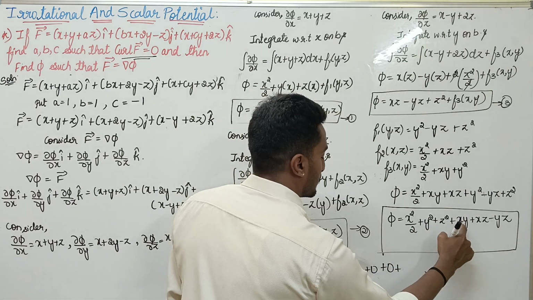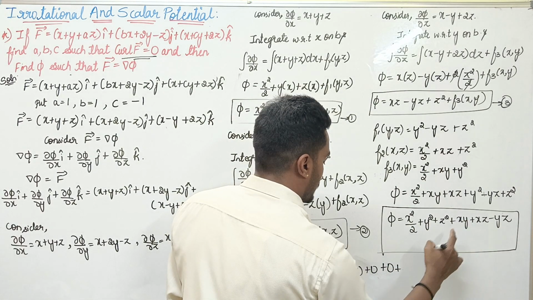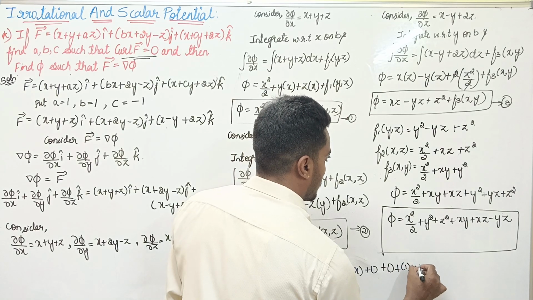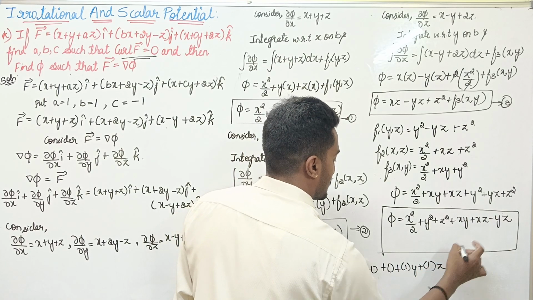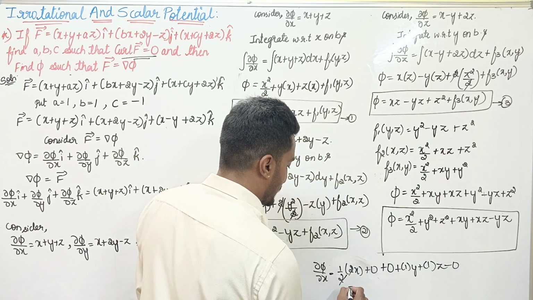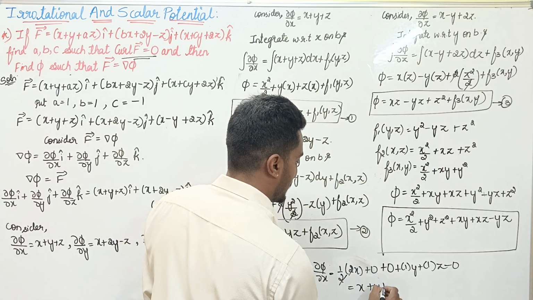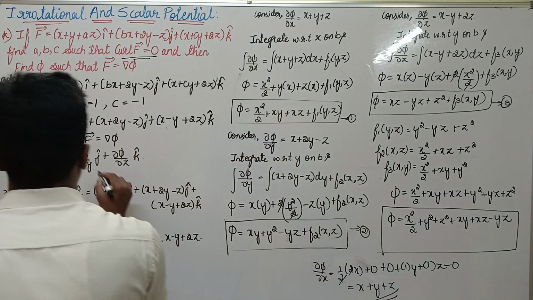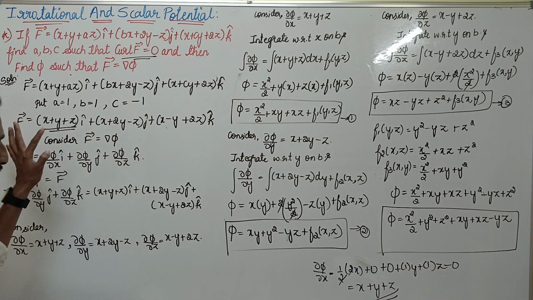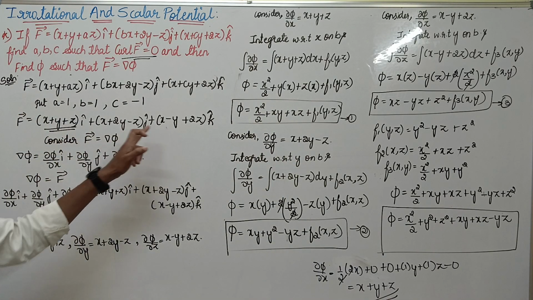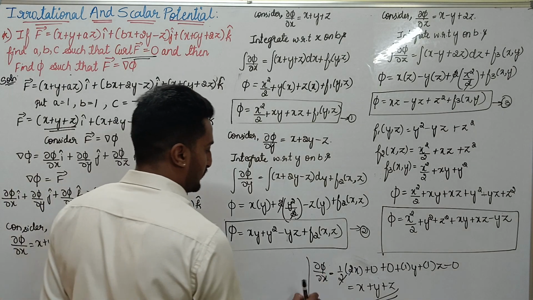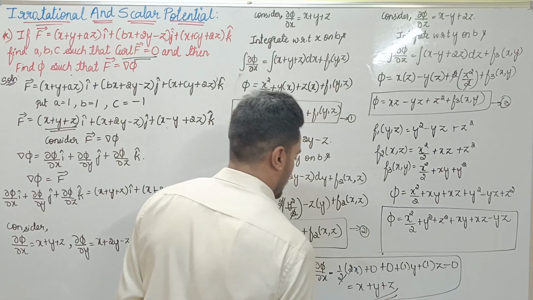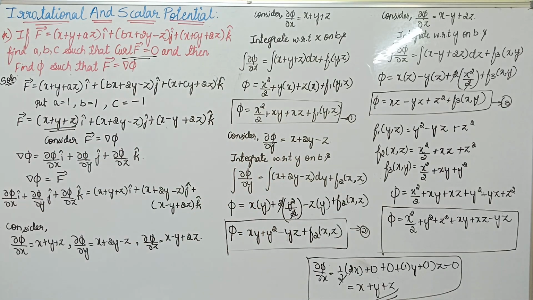We have x, differentiation of x is 1, into y, plus differentiation of x is 1, into z, minus 0. The 2 gets cancelled: x plus y plus z. You get the first component. If one condition is satisfied, the equations with respect to j and k will also be satisfied. This is just a verification, to check whether the scalar function is correct or wrong.